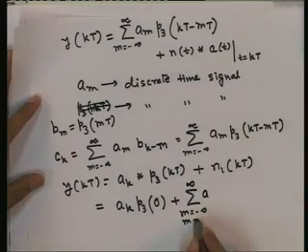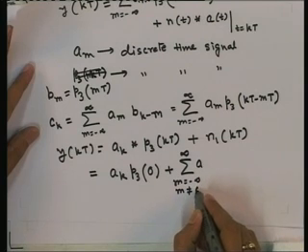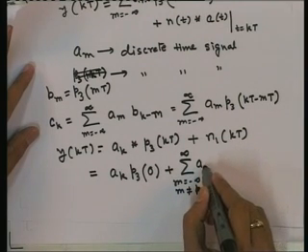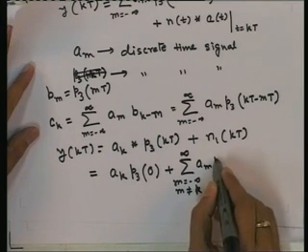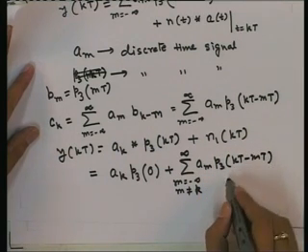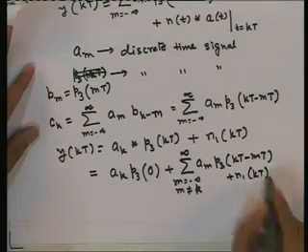M not equal to 0, m not equal to k, then a_m p3(kT - mT) plus n1(kT) as it is.